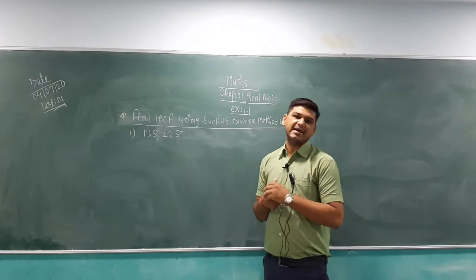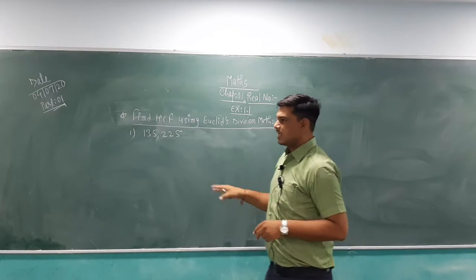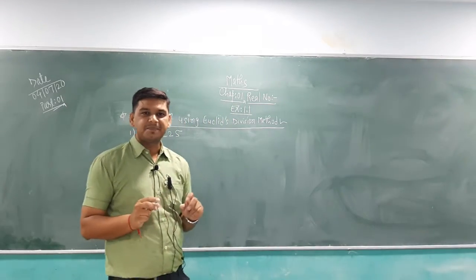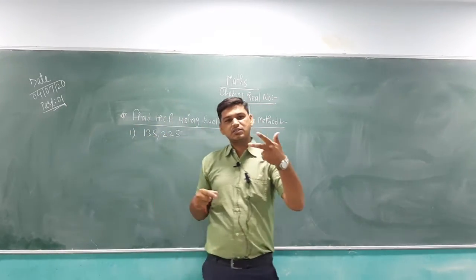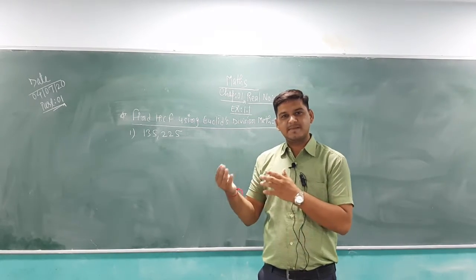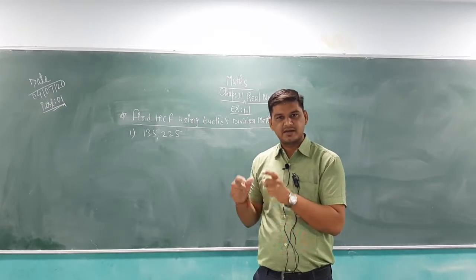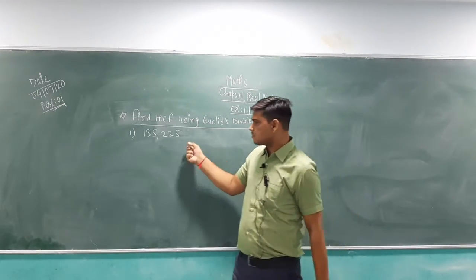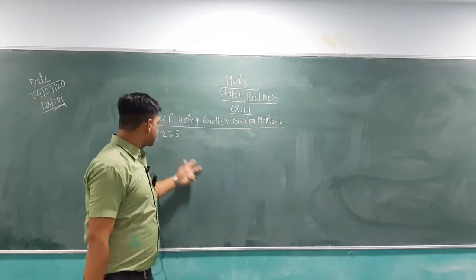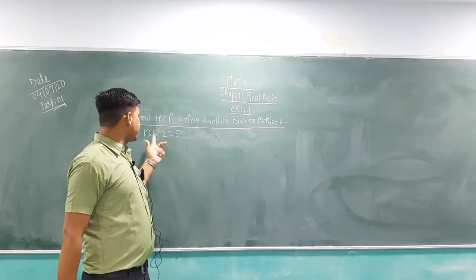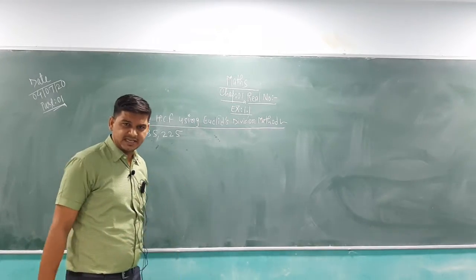If we consider two integers a and b, divided to give a quotient and remainder, it satisfies the equation a equals bq plus r.